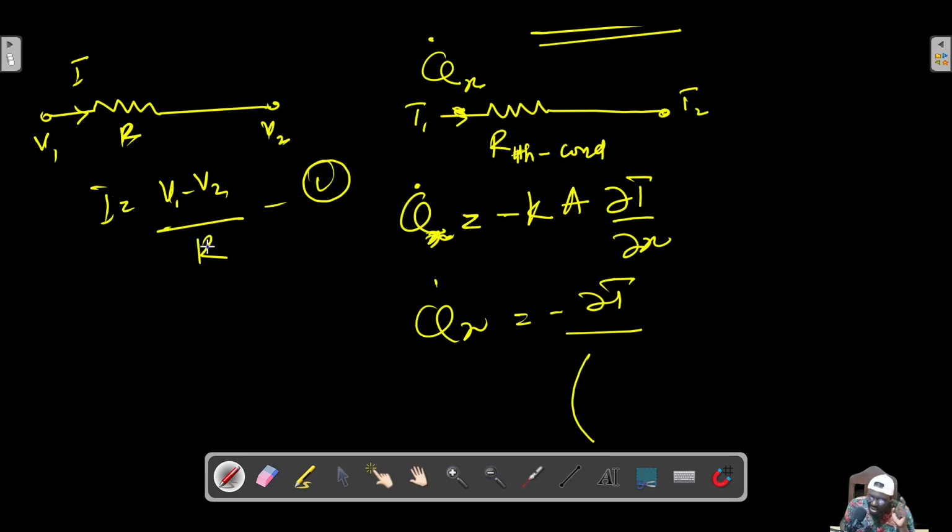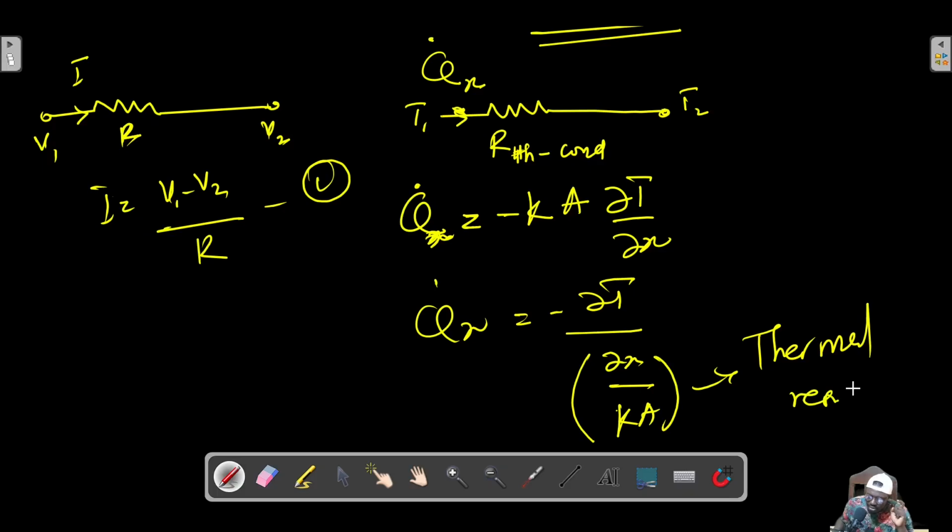The same thing here, whatever is here is your electrical resistance. So whatever expression we get here will be our thermal resistance. Then our thermal resistance will be del X divided by K A. So this is basically our thermal resistance.